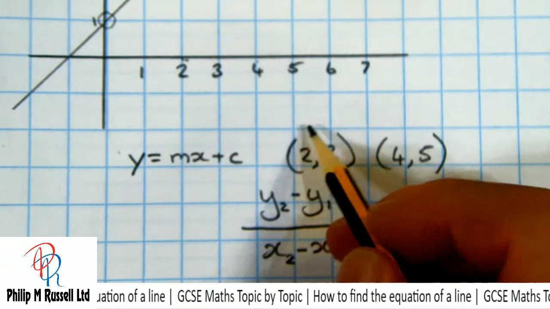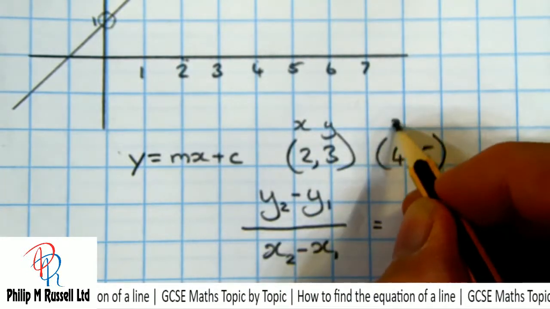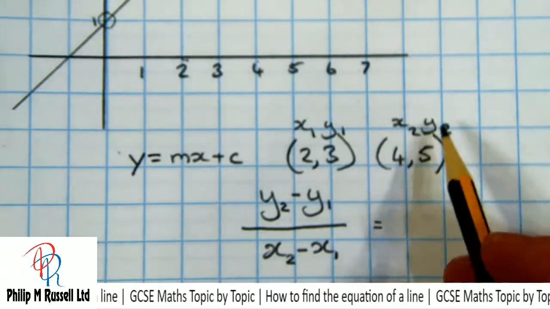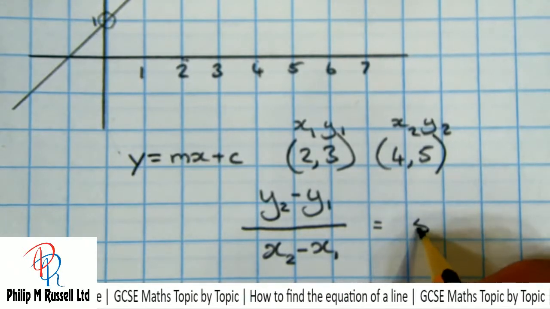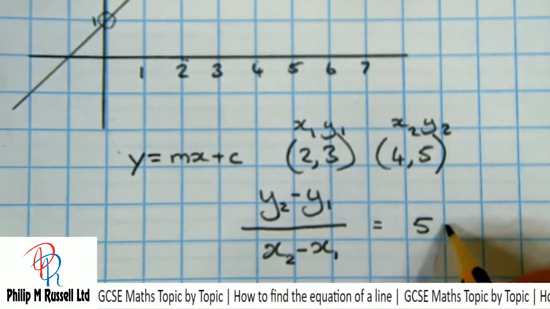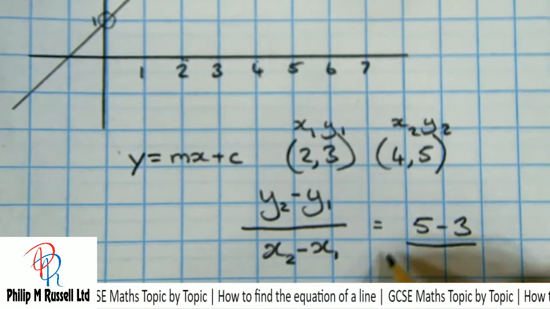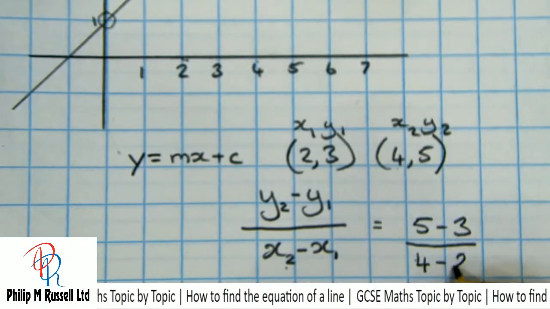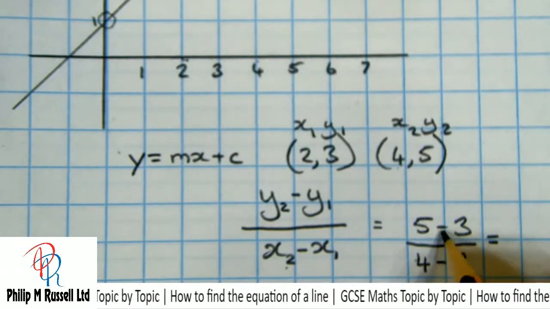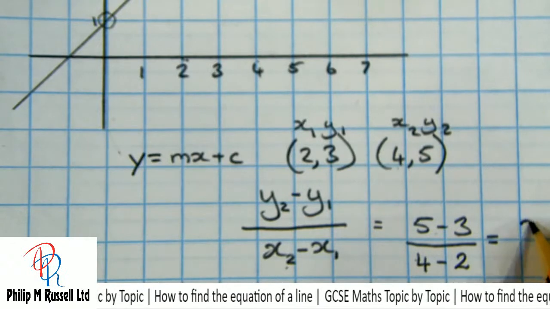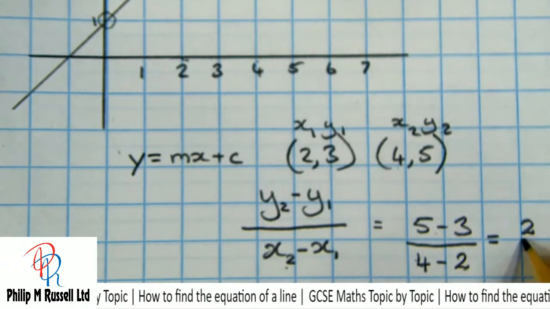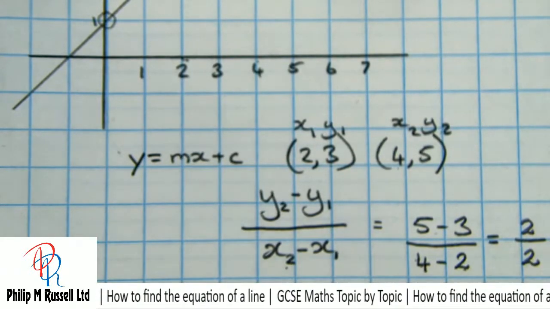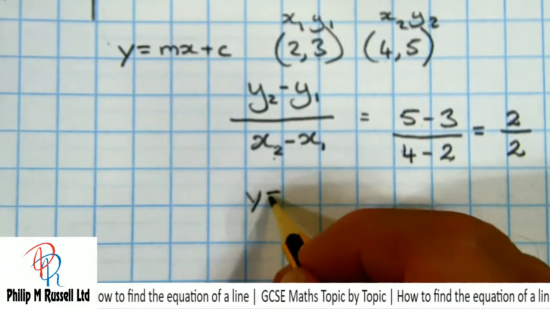Well, these values here are x and y. These are the first values, these are the second values. So y2 is going to be 5 minus 3 all over x2, which is 4 minus 2. 5 minus 3 is going to give me 2. 4 minus 2 is going to give me 2. 2 over 2 gives me 1. So I can therefore write out this is going to be y equals x.